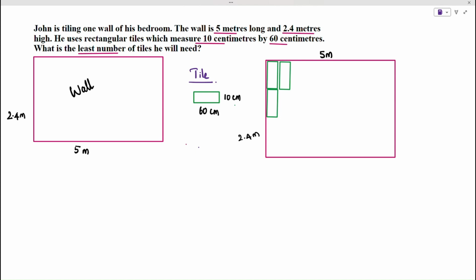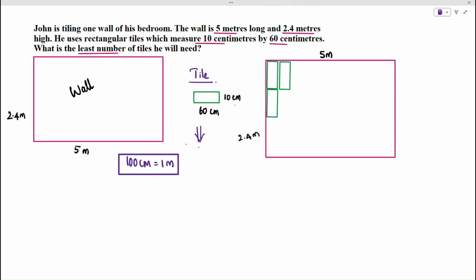So, the first thing that we're going to do is convert our units so that we deal with the same unit. So, we're going to convert everything to meters. There are 100 centimeters in 1 meter, and so to convert from centimeters to meters, we're going to divide by 100.